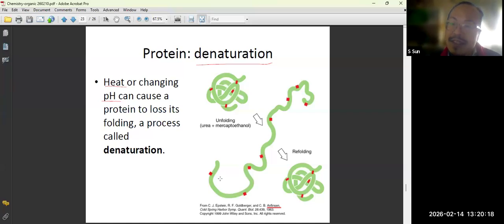So this gives us an idea that when protein folds, it's very tough to cut. Like you have a bundle of wires bundled together. It's very difficult to cut it open, so when you heat it, you unfold it, and then it's easier for your enzyme to do the cutting. Cutting is catabolism.